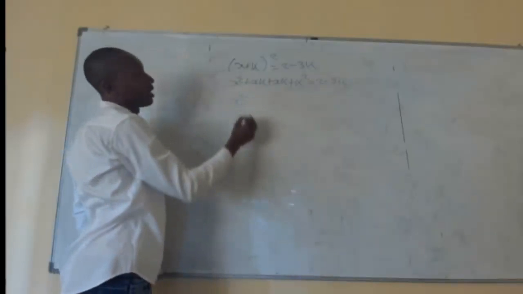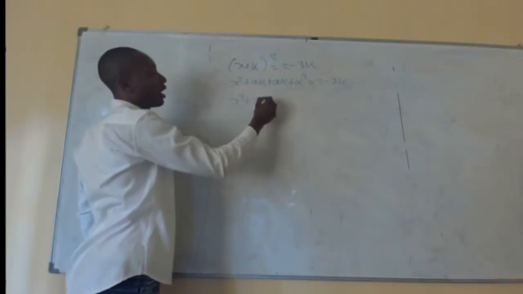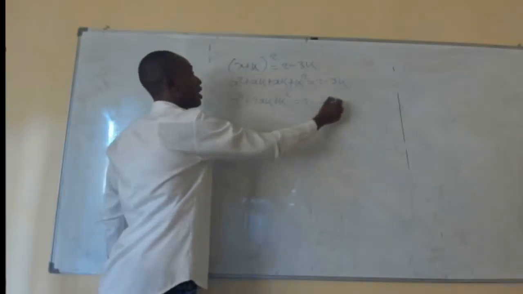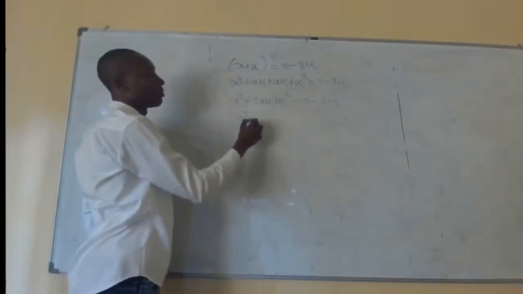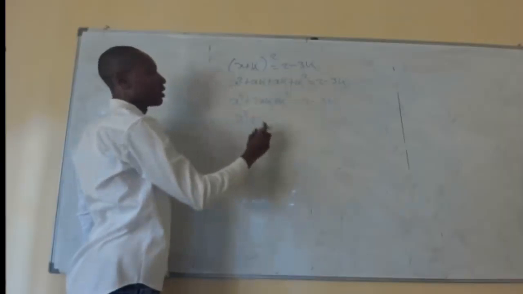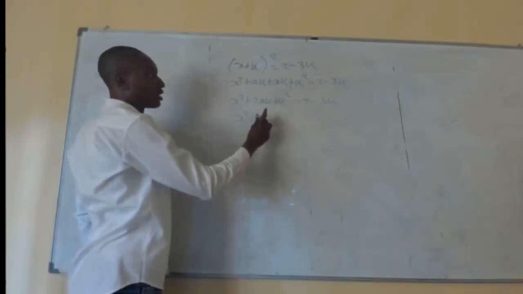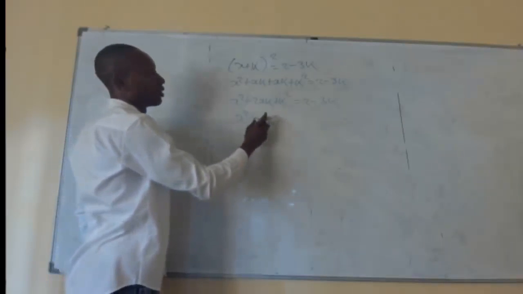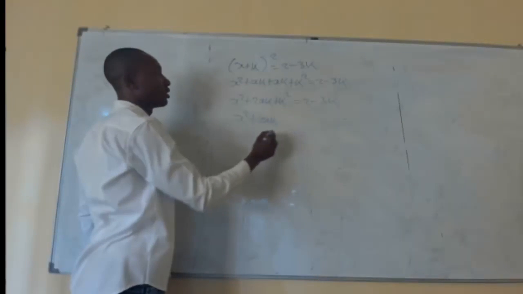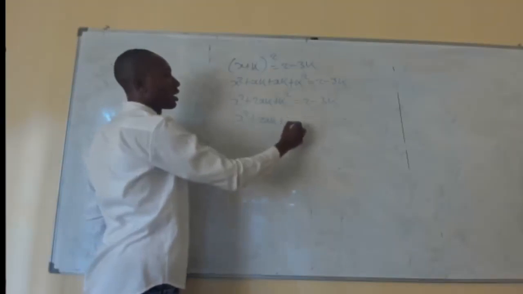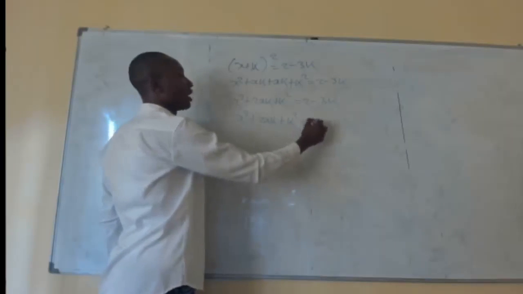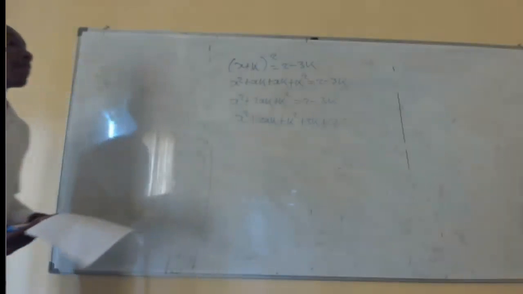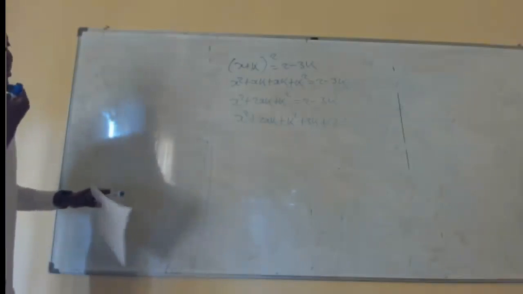Then we have x squared plus 2xk plus k squared equals 2 minus 3k. If these go to the other side, we have x squared plus 2xk plus k squared plus 3k minus 2. Okay, so that's the general expansion.